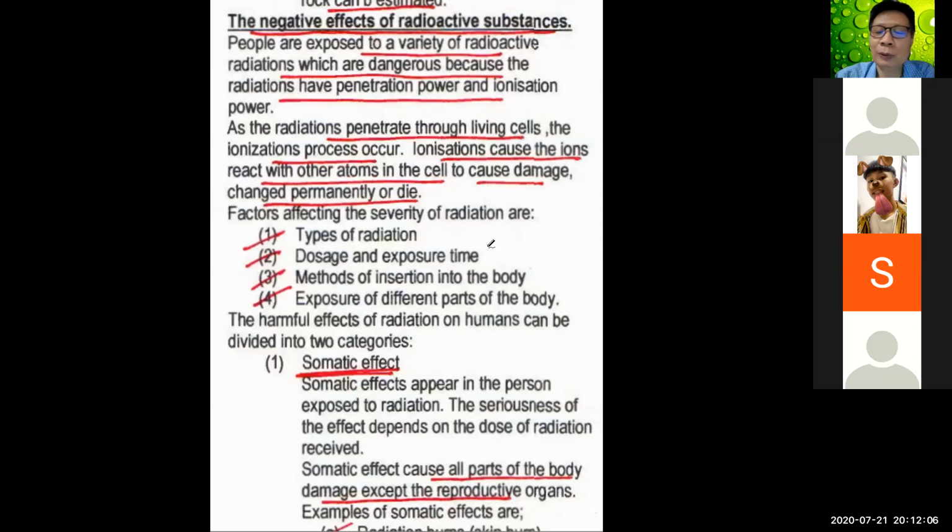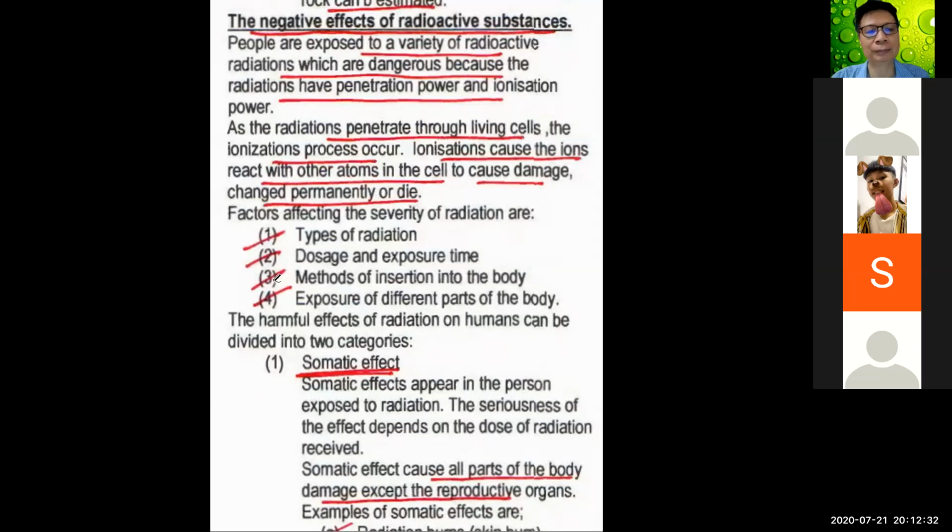If you are exposed to only a very small dosage, it is not dangerous. And also the exposure time. If you are exposed for only 1 or 2 seconds, maybe not so dangerous. If you are exposed for 1 hour, you don't know. After 1 hour you feel very hot, and then it's too late already. The exposure time is very important.